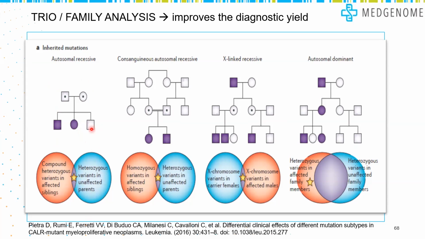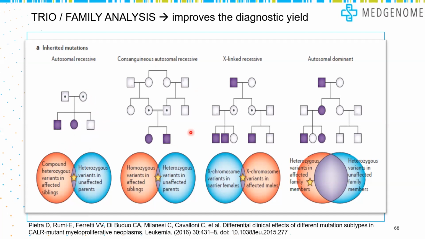So in one go, instead of a VOUS, a variant which is common in both the affected, not there in the unaffected, and present in heterozygous form in the parents would help us classify the variant as likely pathogenic and sometimes even pathogenic, rather than if we do just one affected patient, the proband, and give it as a variant of uncertain significance.